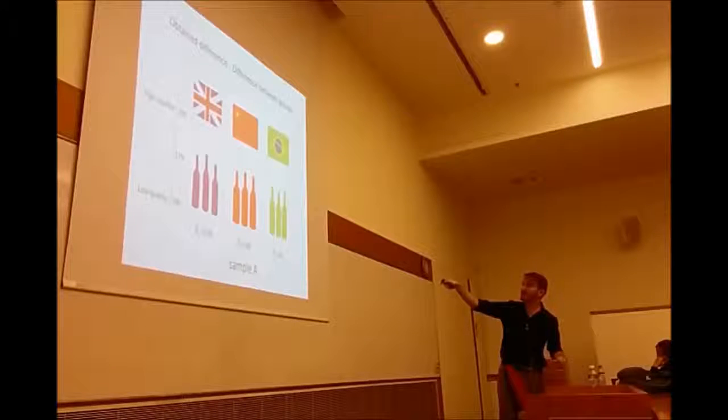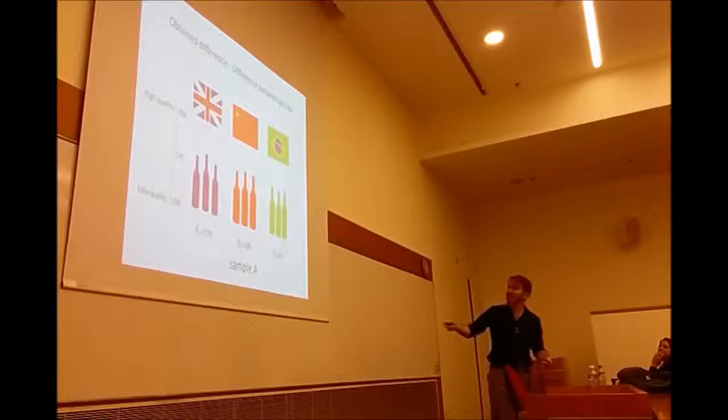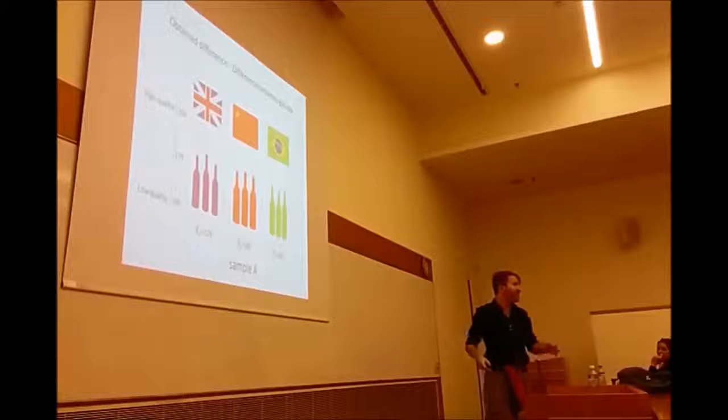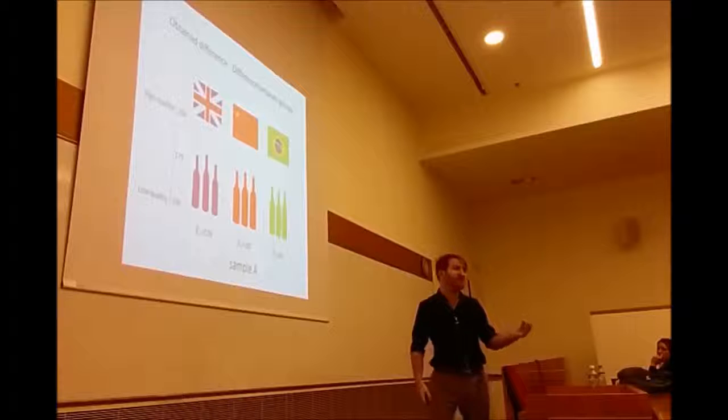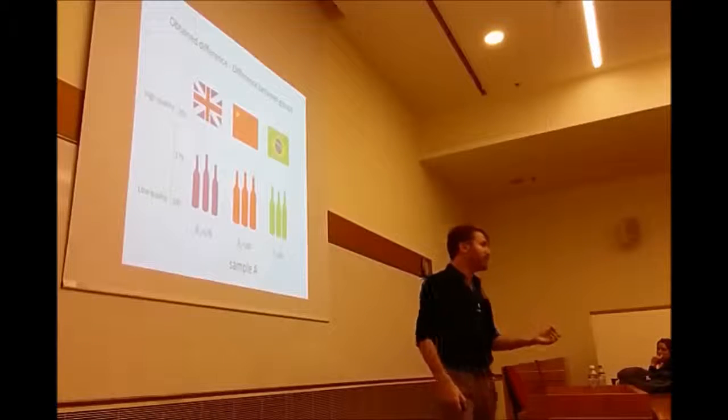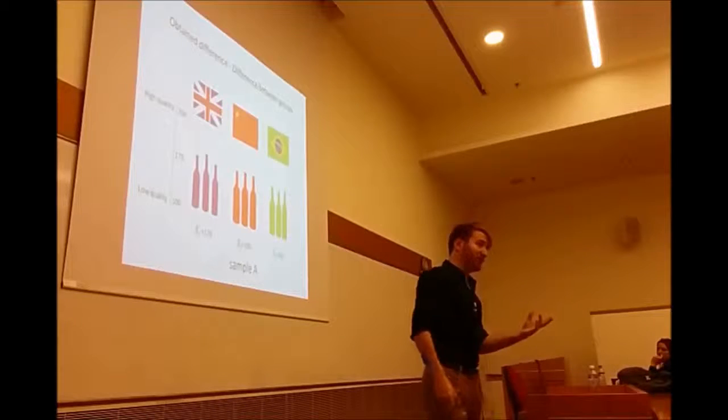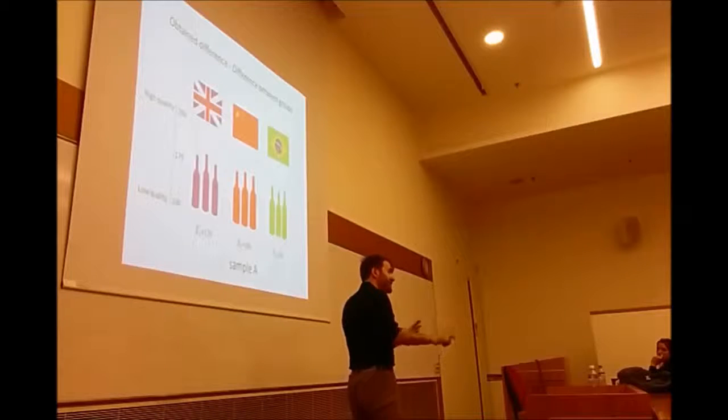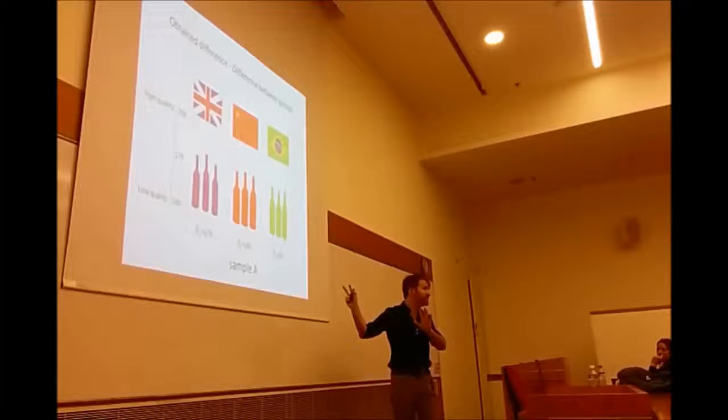We have China, Brazil, and this is what we got. In sample number 1, the average score was 179, sample 2 was 180, and sample 3 was 181. Is the infographics here clear?